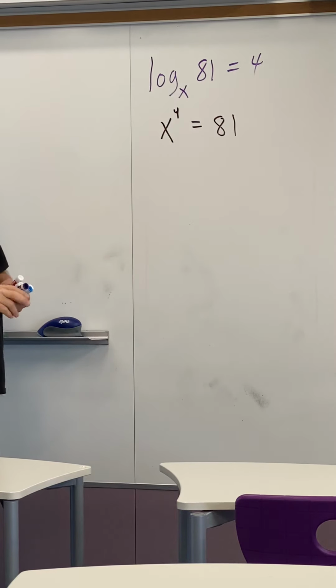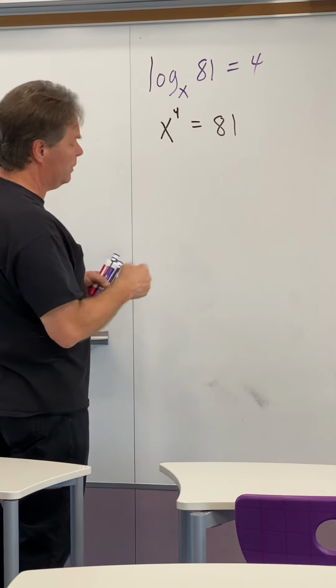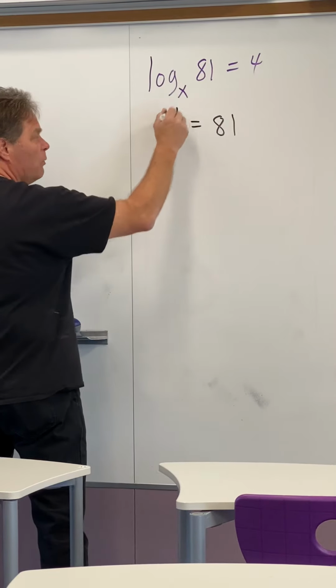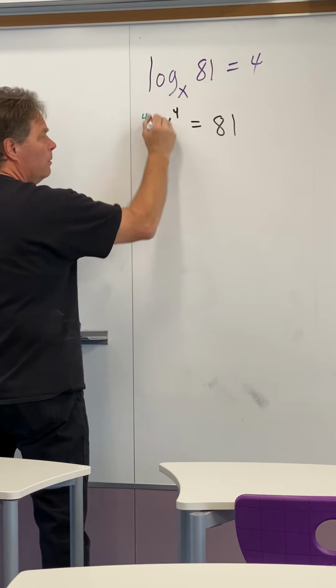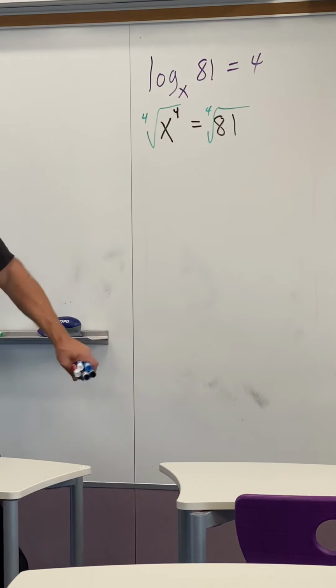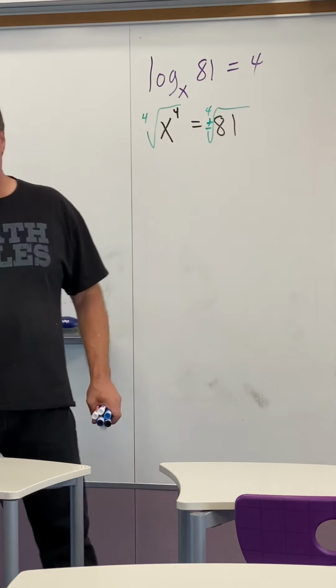Now you might say, well, what do I have to raise to the 4th power to get 81? Well, I could see it's 3. But wait a minute, there's one thing we've got to think about. The other way we could do it is, to get rid of a 4th power, I could take the 4th root of both sides. But don't forget plus or minus, just like when you square root both sides.